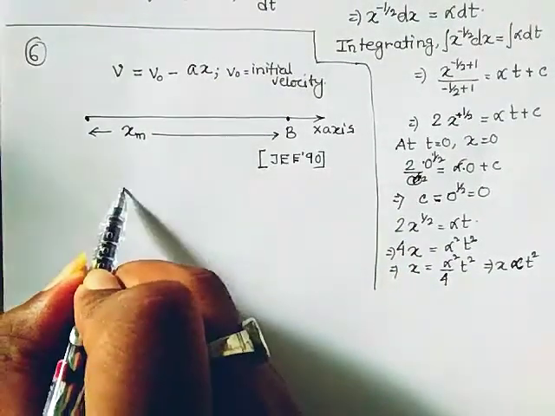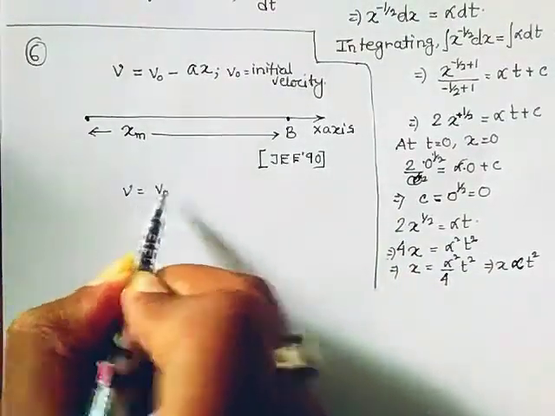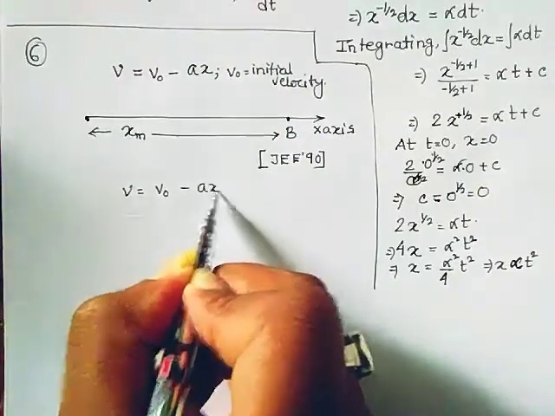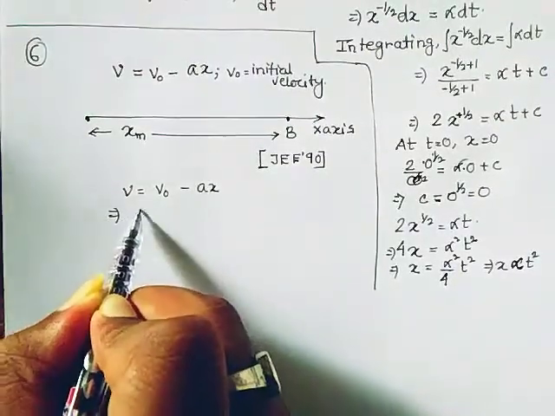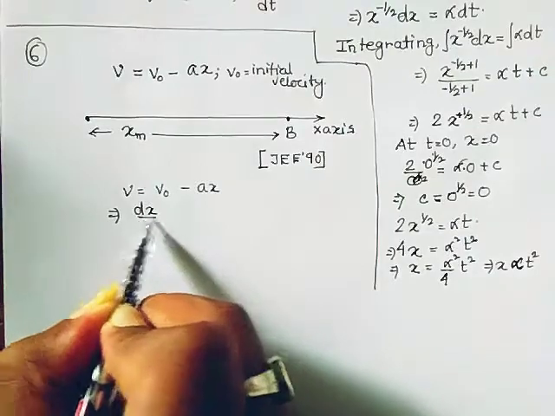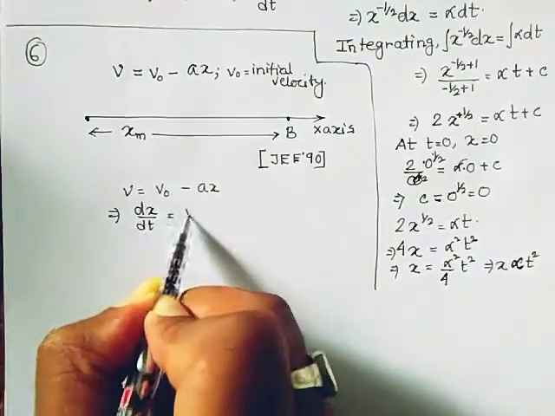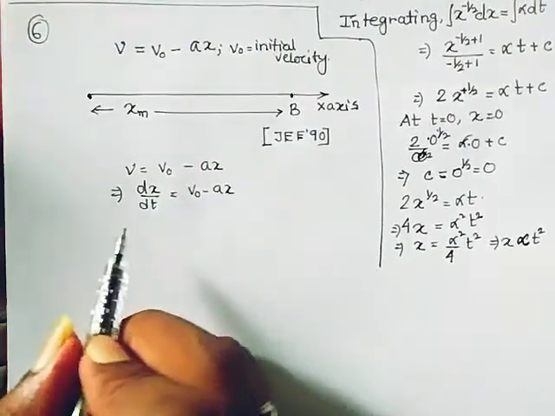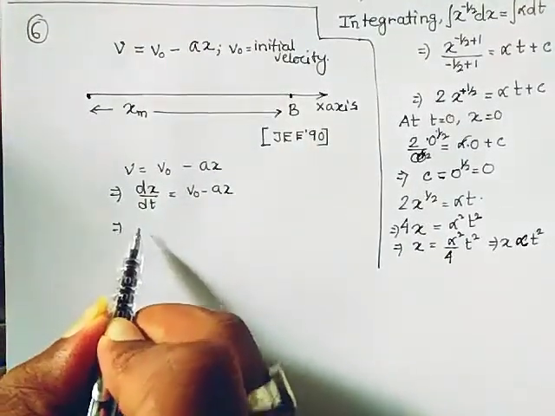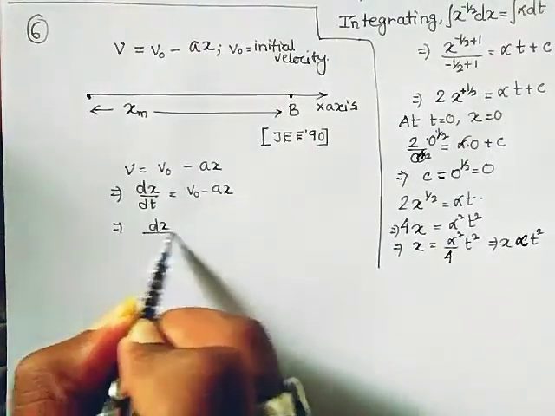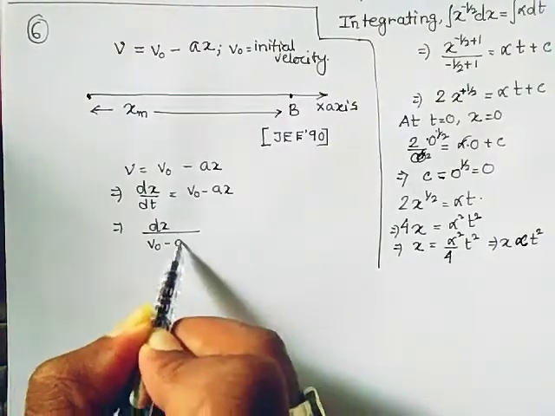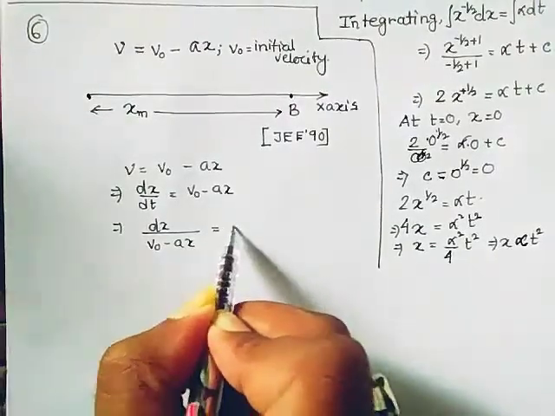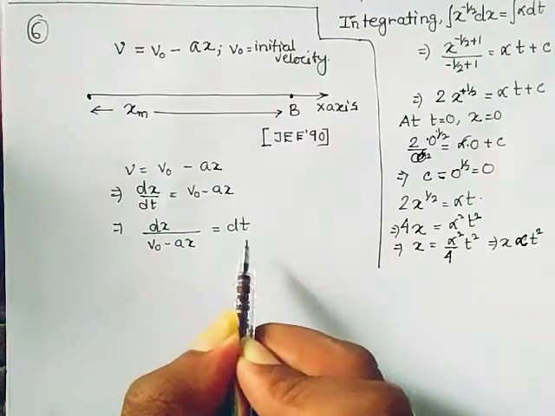So here v equal to v naught minus ax. I can write this v as dx by dt, so v naught minus ax. This can be written as dx divided by v naught minus ax equal to dt.